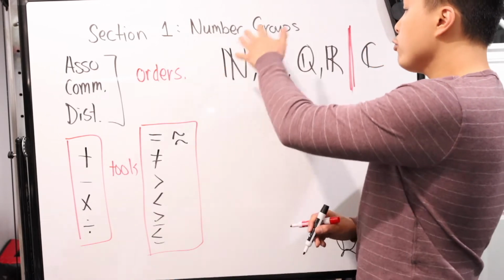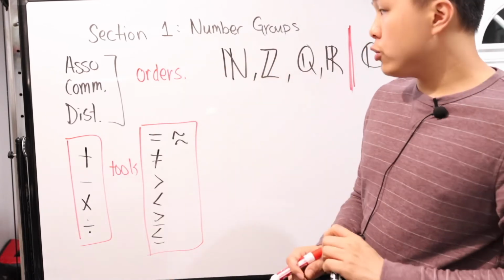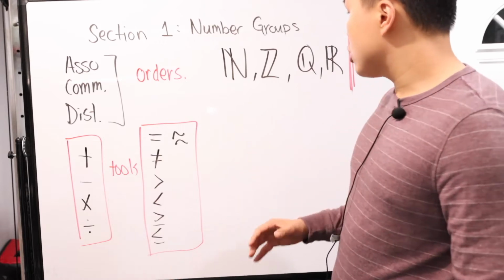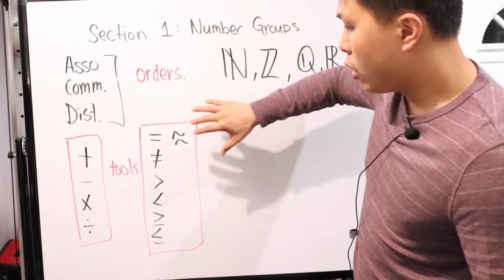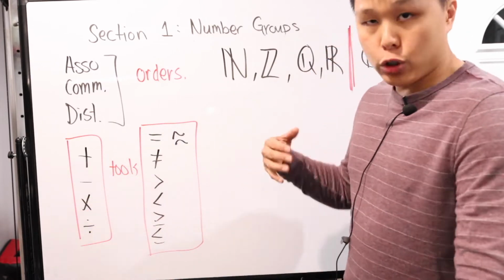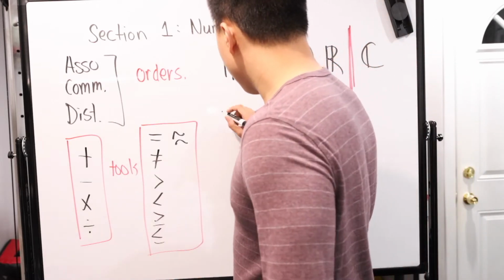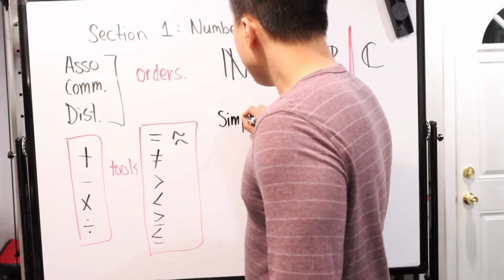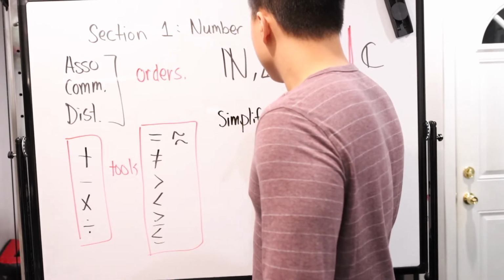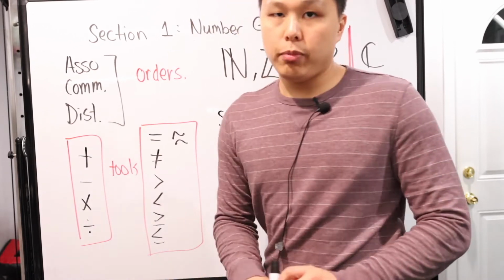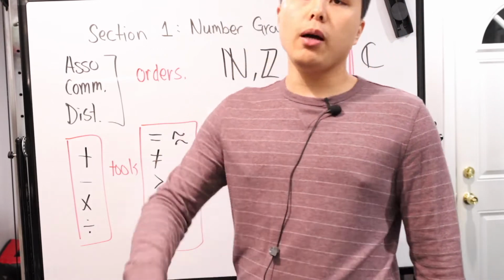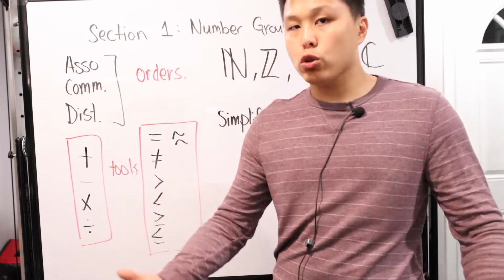Okay, so you have your primary groups, and that's where you start seeing that all it is is just a combination of these guys with these tools, right? If you're solving problems, basically simplifying, for example, all you are really doing is comparing two expressions and realizing that they are the same thing. A classic example is, for example, 2/4 is equal to 1/2, right?